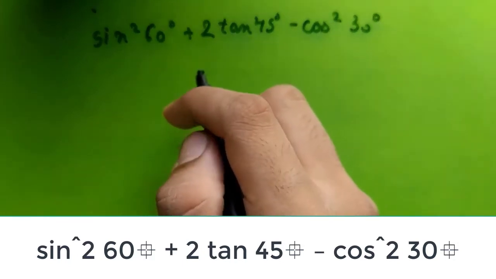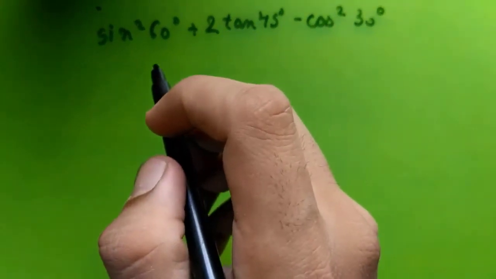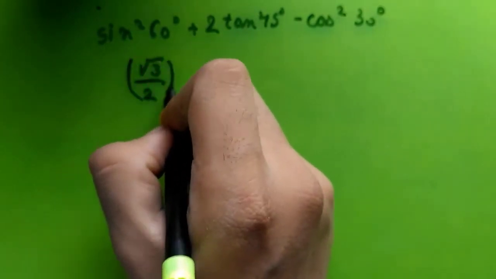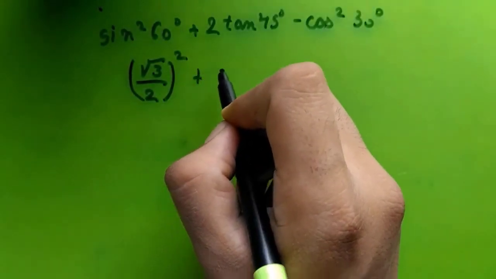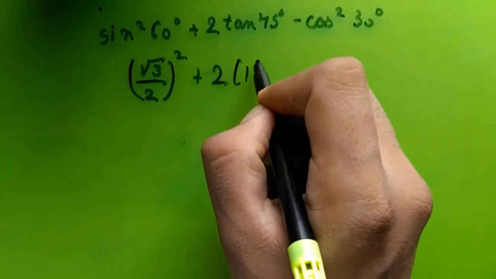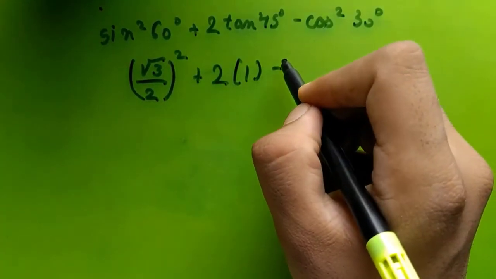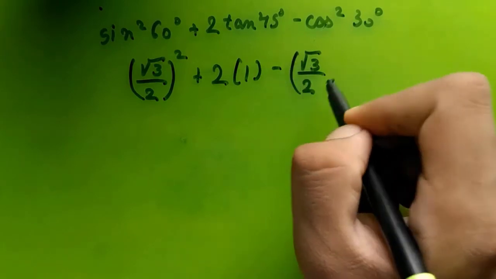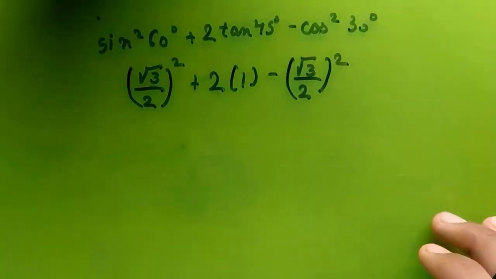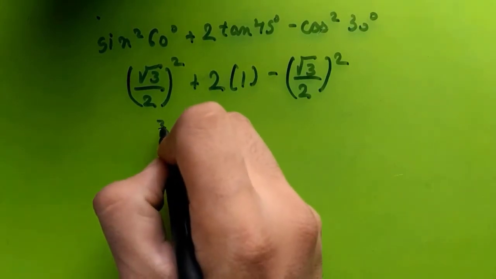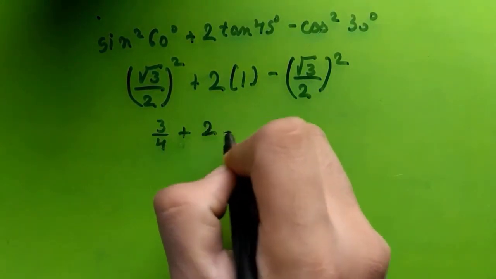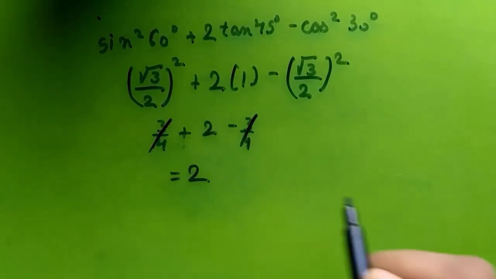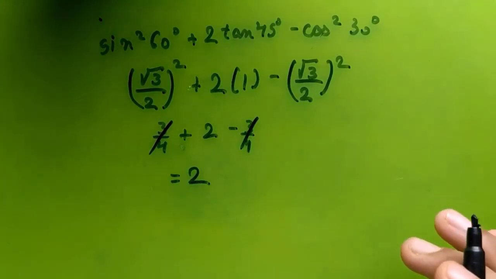We have to evaluate this. So we know that sine of 60 is equal to root 3 by 2 square, plus 2 times tan 45 is equal to 1, minus cosec square of 30 is equal to 2 whole square. Evaluating this, we will get 3 upon 4 plus 2 minus 3 upon 4, which will cancel out either. Therefore we will get answer as 2. Next question.